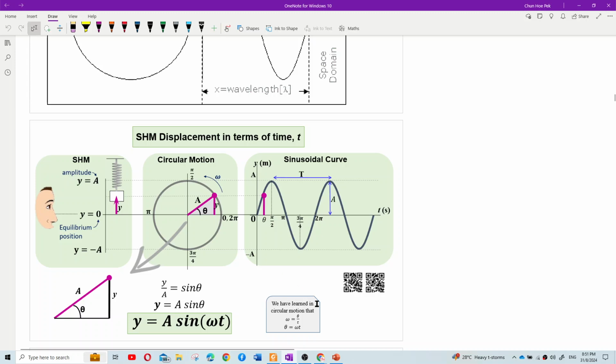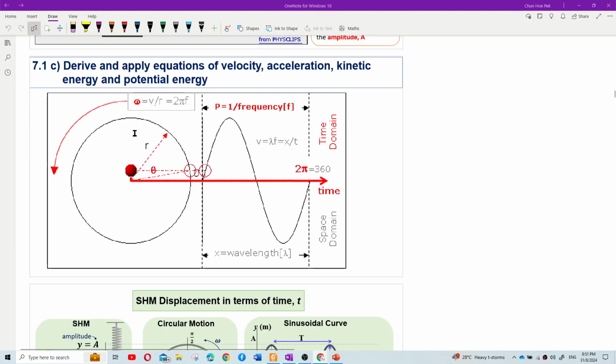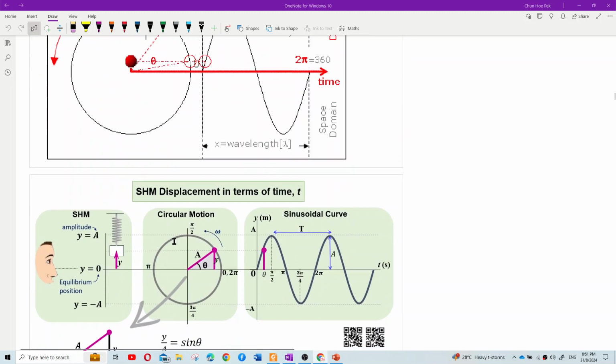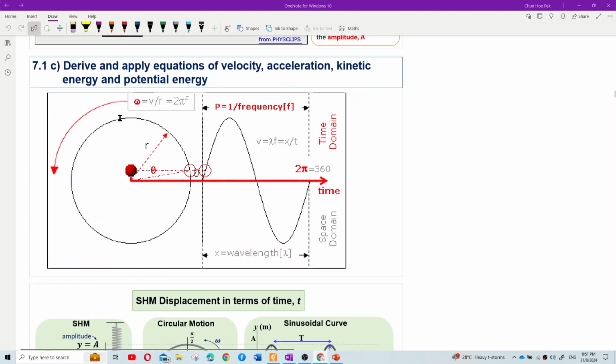So class, give me some signal if you understand. You see this simple harmonic motion is the going up and down, just like the red ball, right? And then you can see also the circular motion, it goes circle and circle and circle.